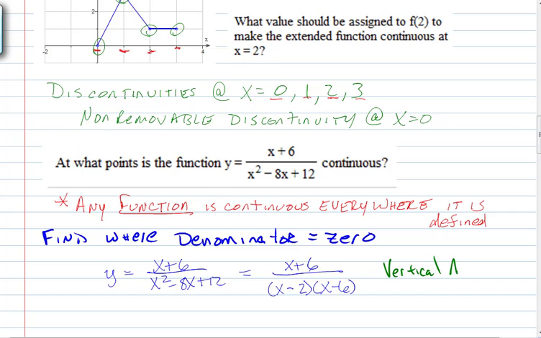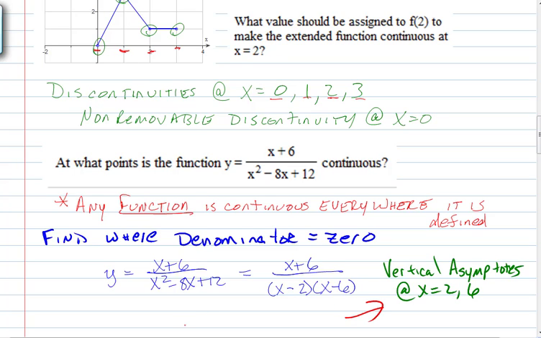We have vertical asymptotes. Do you remember that from college algebra? Whenever the denominator of a rational function is equal to 0 and you don't have any common factors to reduce it, that's where you have your vertical asymptotes. At x equals 2 and x equals 6. Tell me, are those removable or non-removable discontinuities?